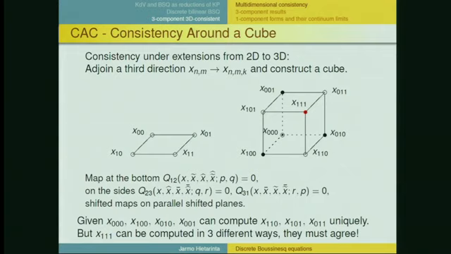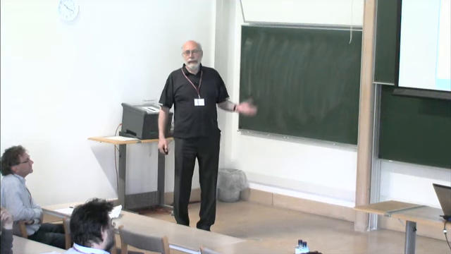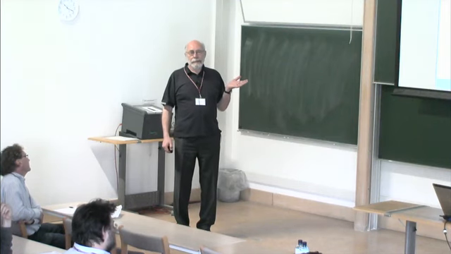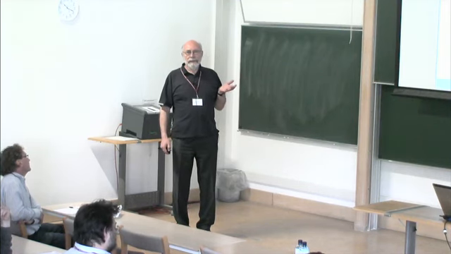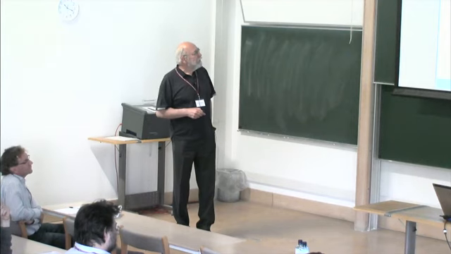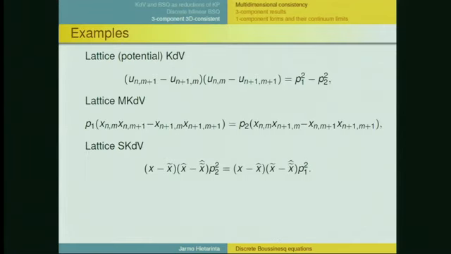The requirement that this value is the same is the integrability condition. It's a very strong condition, in fact, so we can accept this as a definition of integrability. Here are some examples of equations that satisfy it.